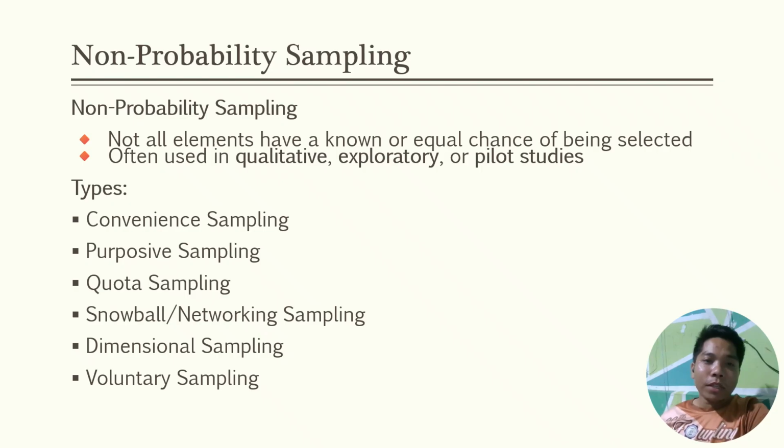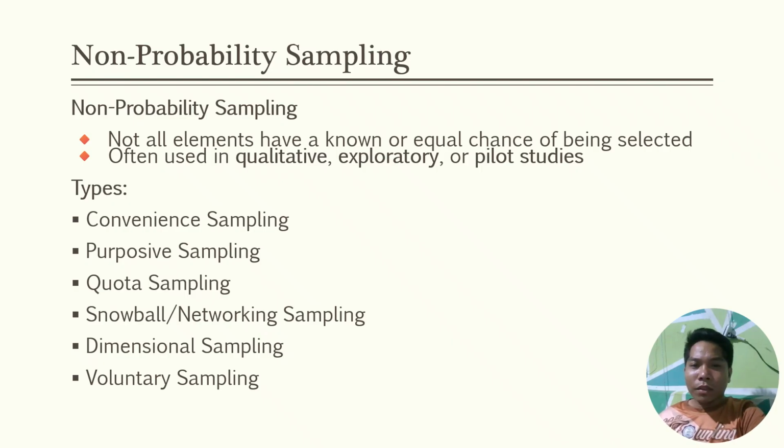Next, we also have quota sampling. When we say quota sampling, you ensure proportions without randomness. From the word itself, quota. You have your quota. For example, you need to interview 10 participants.